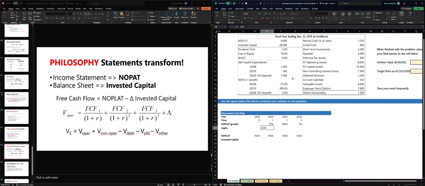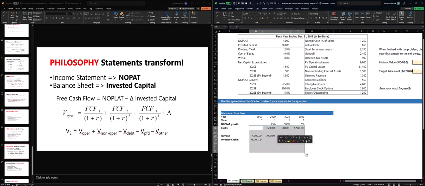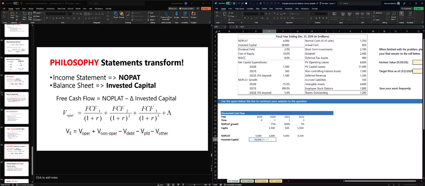We had 1,500 for 2020, 500, 1,500. So we started with an invested capital of 28,000. Might as well put a comma, and then we add the net capex. So basically, we're buying more planes, if this was an airline during COVID, even though we have negative growth.